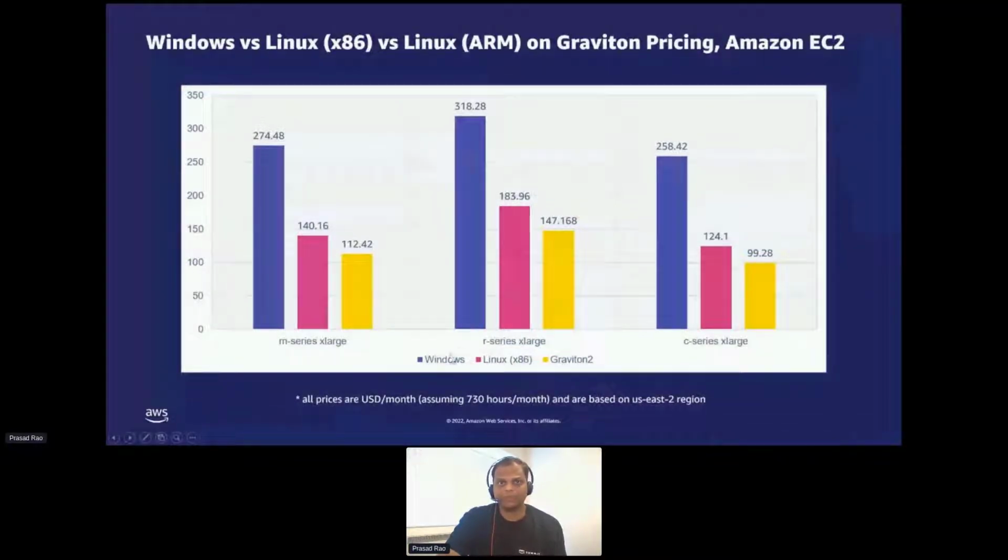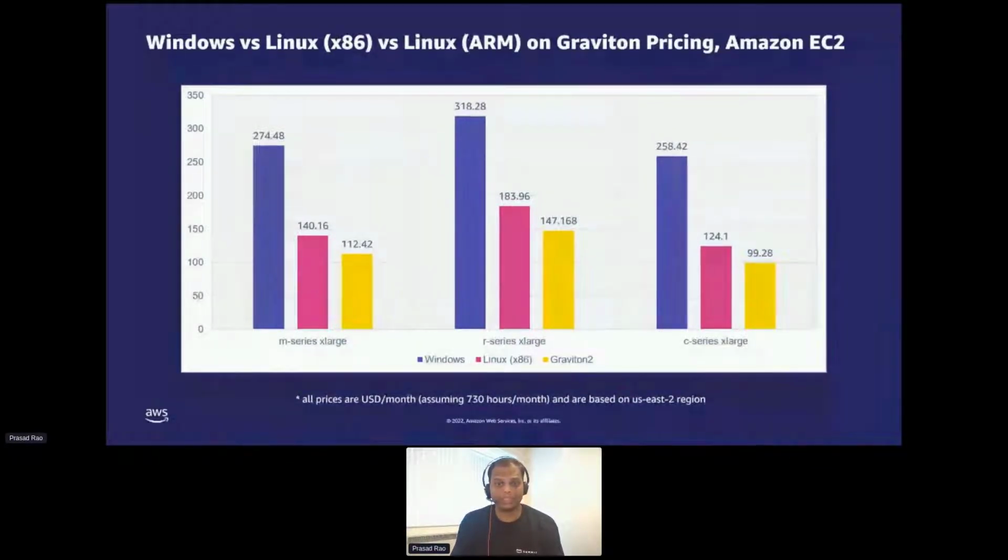We have compared a Windows instance versus Linux instance versus Graviton 2. If you look at the price difference, the exact number is 48.94% savings. Otherwise it's almost 50% savings when you move from Windows to Linux.